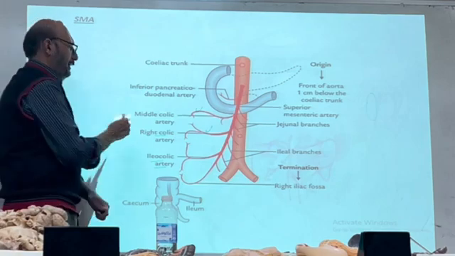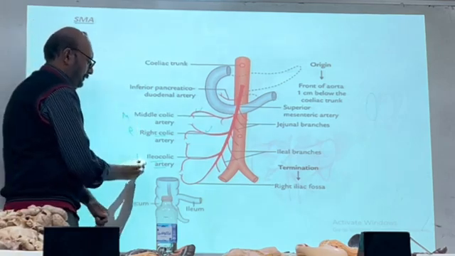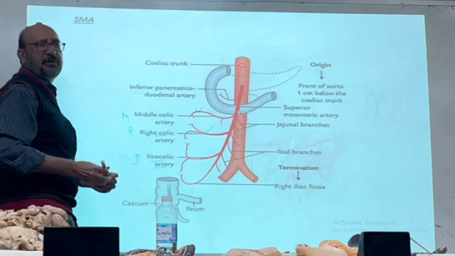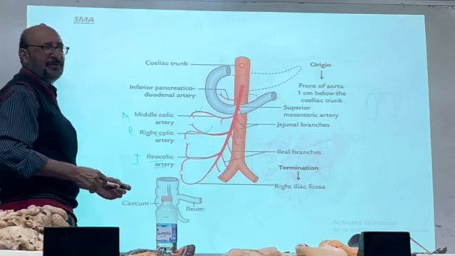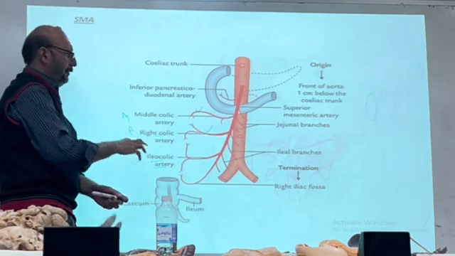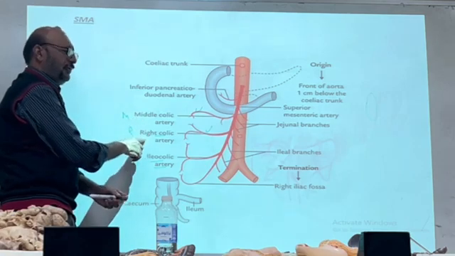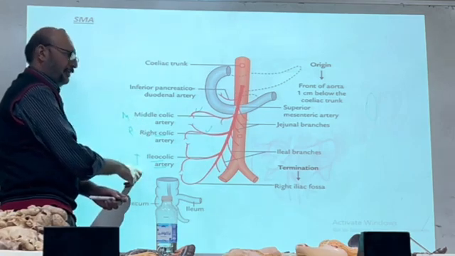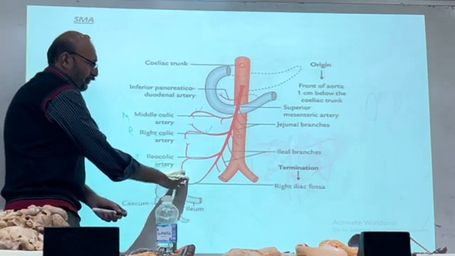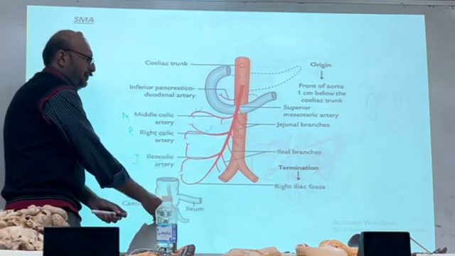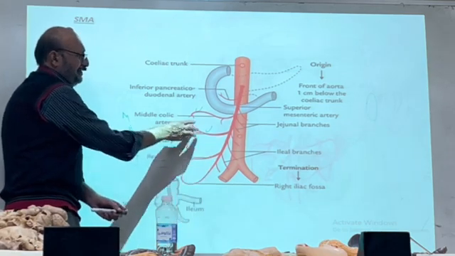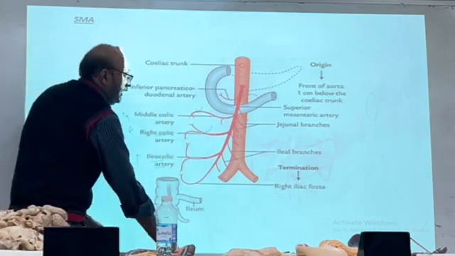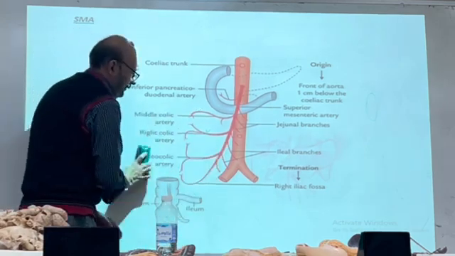How do I remember? MRI scan. Okay, don't tell anyone, don't write it in an exam. So it has three branches: middle colic, right colic, ileocolic. Ileocolic will of course give branches to the cecum and appendix.